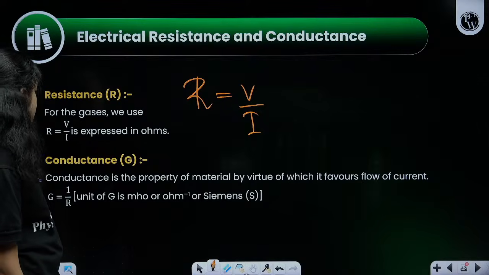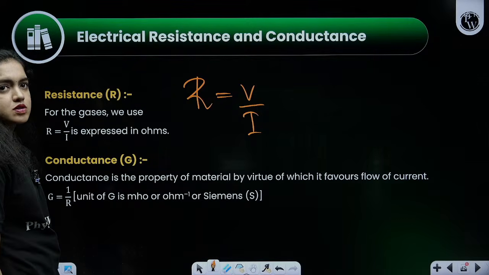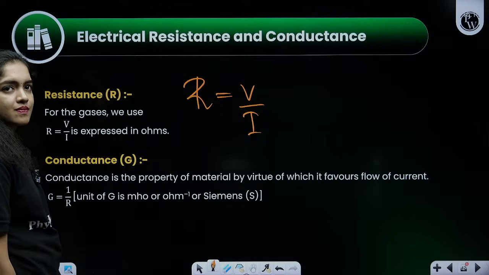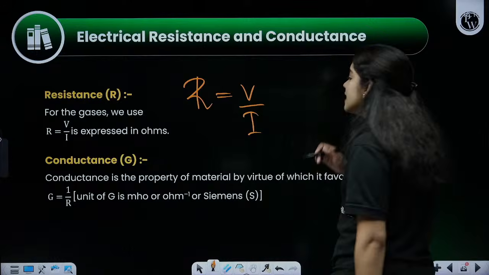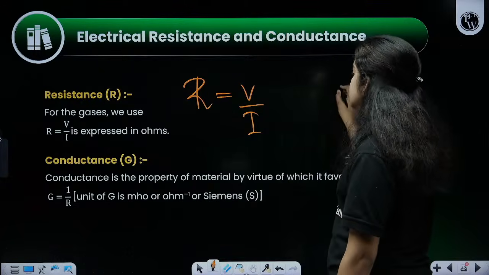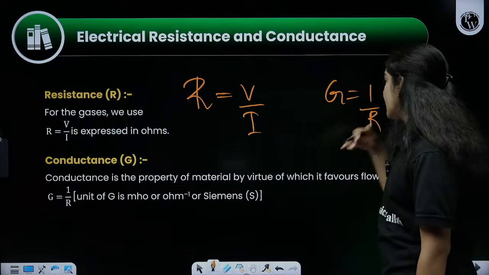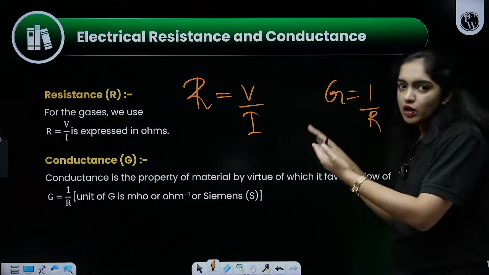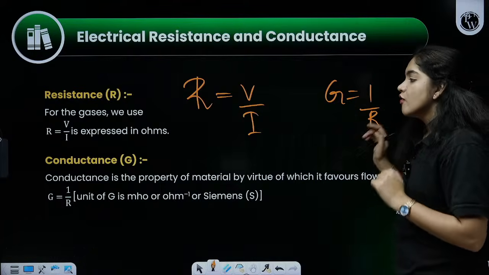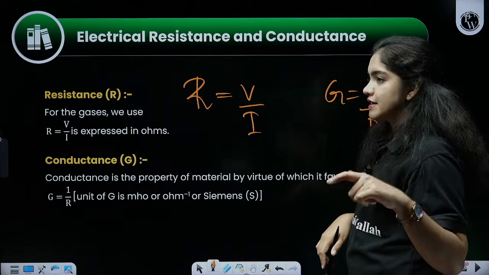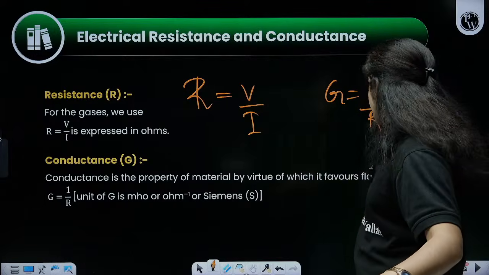The unit is ohm. Then conductance is the opposite of resistance, the reciprocal of resistance, so G is given by 1 by R. Conductance is the ability of a material to conduct electricity, which favors the flow of current.